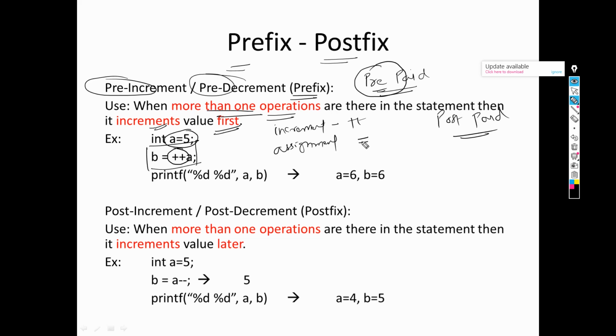Why assignment? Because the assignment operator is there. So this is for assignment and this is for increment. So in the statement b equals plus plus a, there are two operations to be performed: one is increment and the second is assignment.